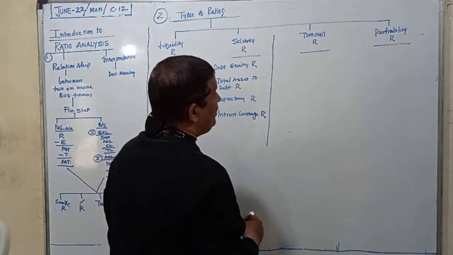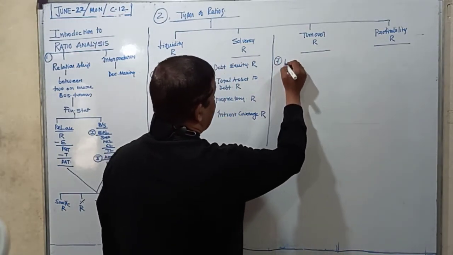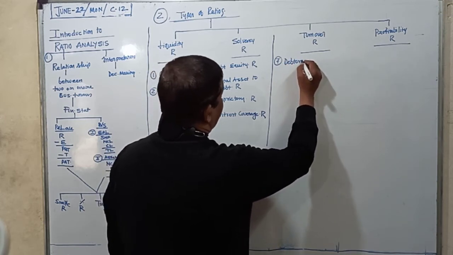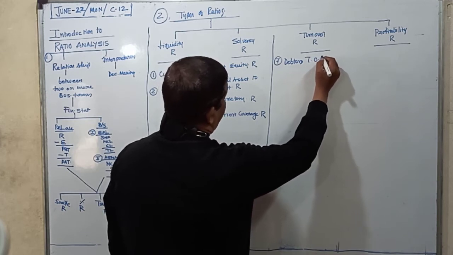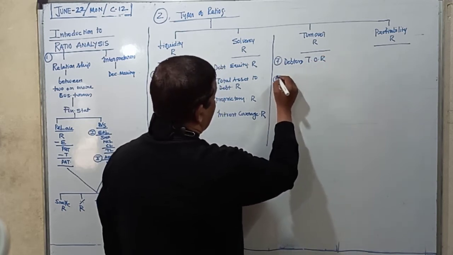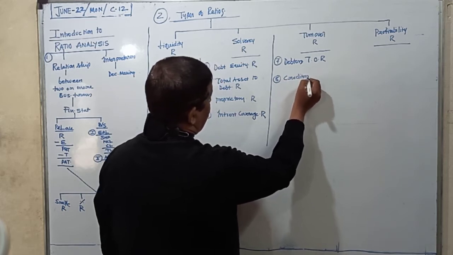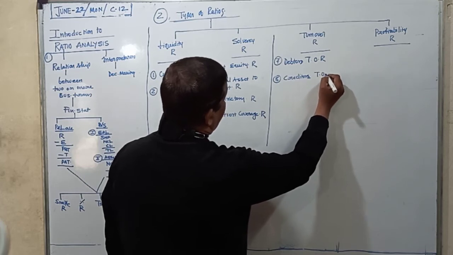Continuing the number, next we look at turnover ratios. In turnover ratios, we see debtors turnover ratio. Next we see creditors turnover ratio.